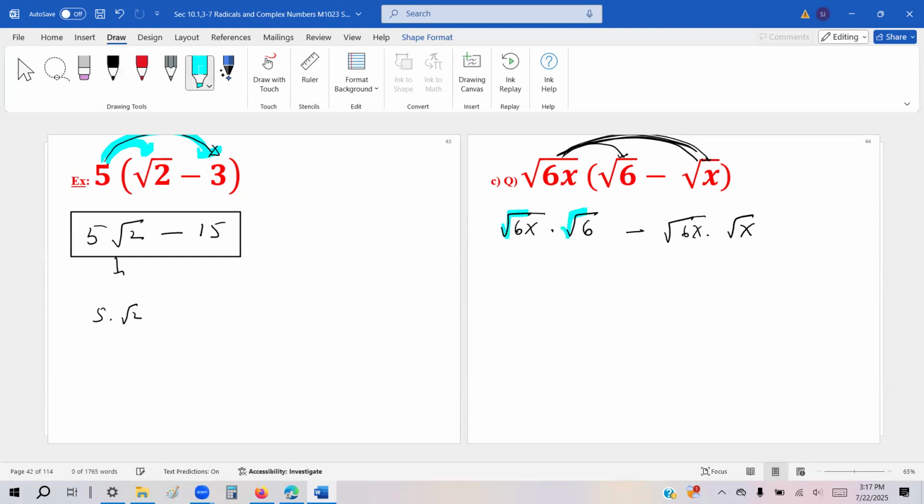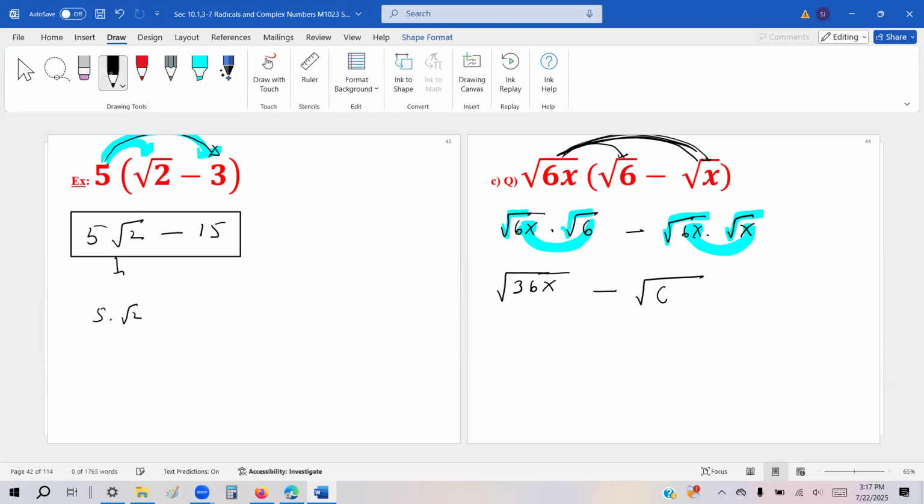Do we have the same radical here? Yes. As long as you have the same radical, and if the inside is positive, you're allowed to multiply them. So we get square root of 36x. Right? 6 times 6 is 36, and then x. We have the same square root.